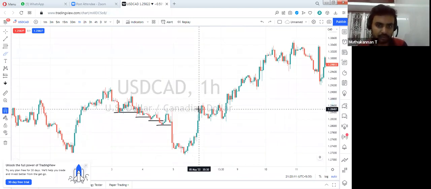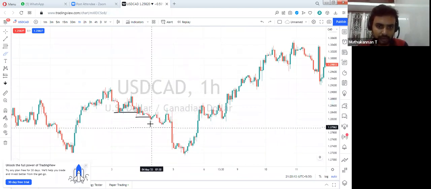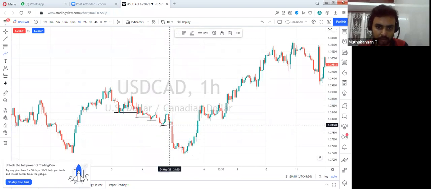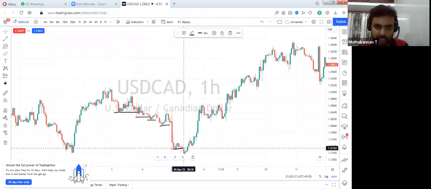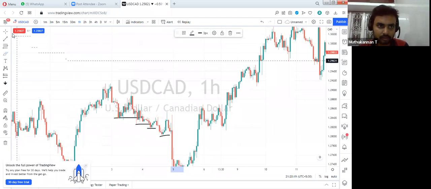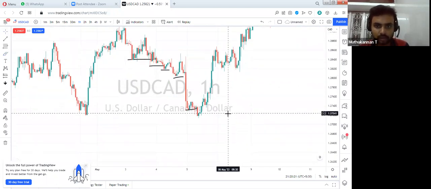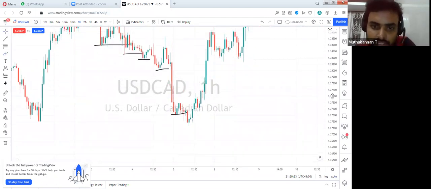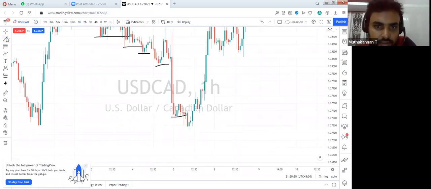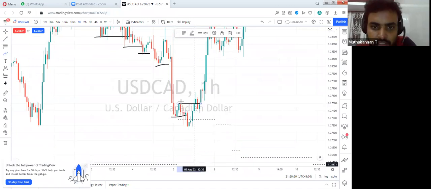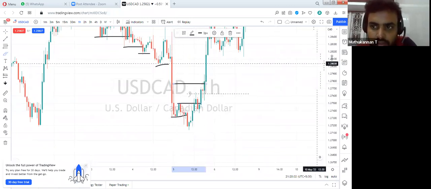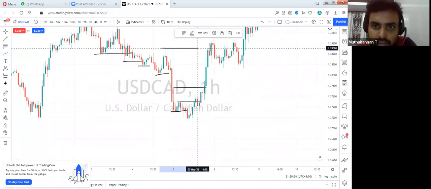Let us delete everything. So till this level, it was breaking lows, breaking lows. Even here, it's breaking lows, right? Now suddenly what happened? Just see here. It's breaking highs. It broke this high. Right? It broke this high.